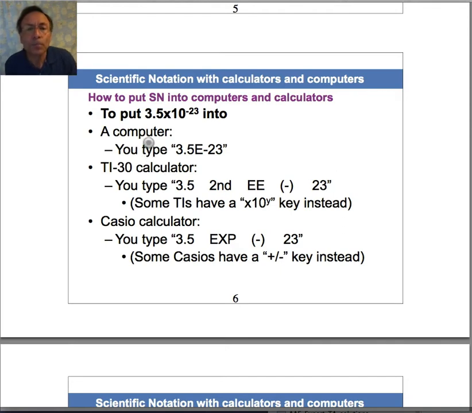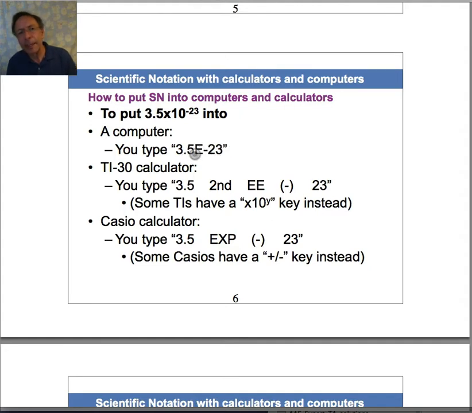So let's say we had this number here, 3.5 times 10 to the negative 23, and we wanted to put that into a calculator. What you would type is 3.5 capital E negative 23.